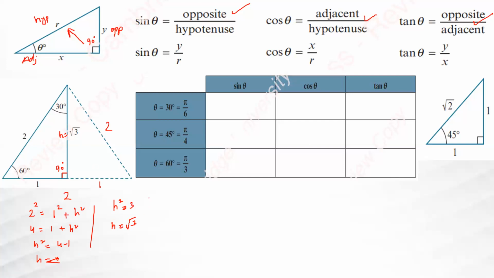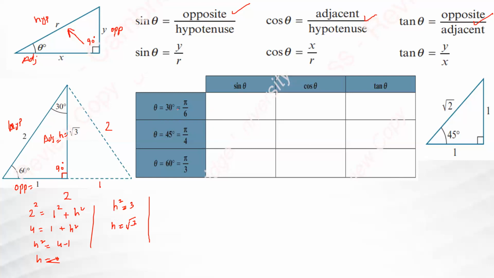Next is how to write sine 30. Remember that if you consider sine 30, this is your opposite side, this is your adjacent side and this is the hypotenuse side.